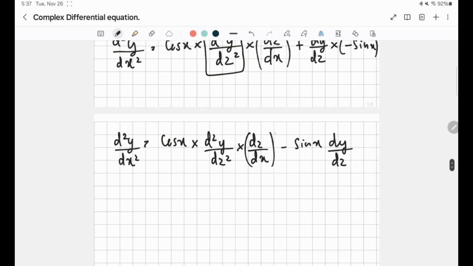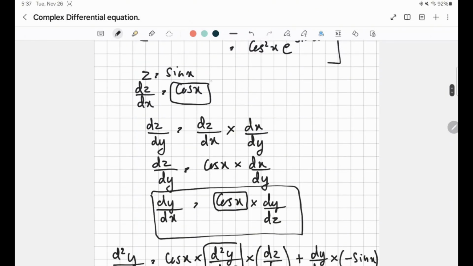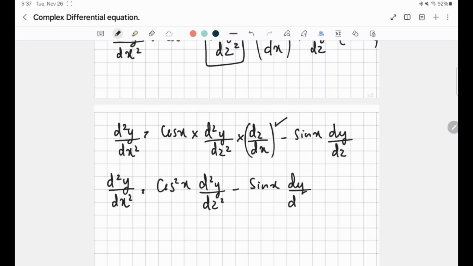Instead of dz over dx, we can put this back again, and you get the second derivative times cos x. This is also cos x, so you can straight away write cos squared x times the second derivative of z minus sin x dy over dz. Now you've found the substitutions.